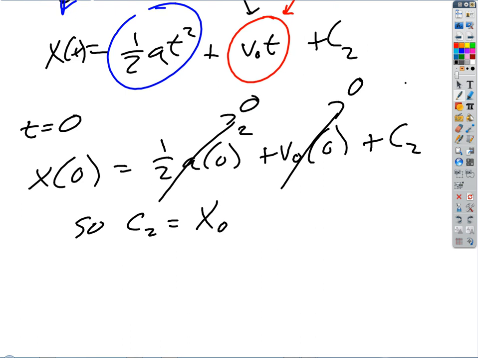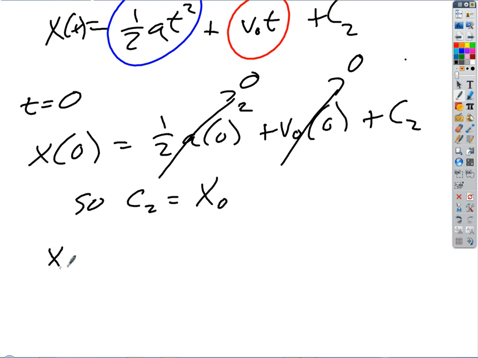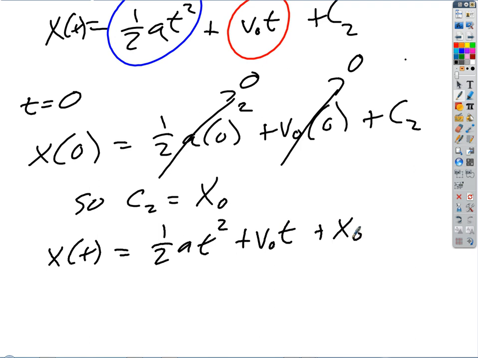Right? And we end up then with the equation x of t equals 1/2 at squared plus v naught t plus x naught. And these are vectors, and we will get into the vector aspect of this later. That's more, we can do that in physics, but there's the equation, right?